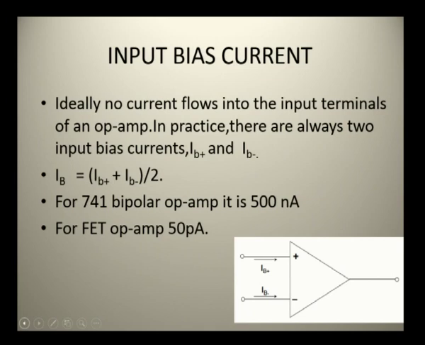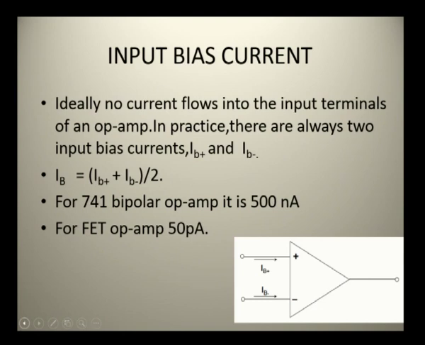So, the input bias current is nothing but the current drawn by the input terminals of the operational amplifier. Before discussing the closed loop configuration of the operational amplifier, we assumed that the current drawn by the input terminal is 0 ideally, and that the voltage drop across the two input terminals is also 0 because of the virtual ground.